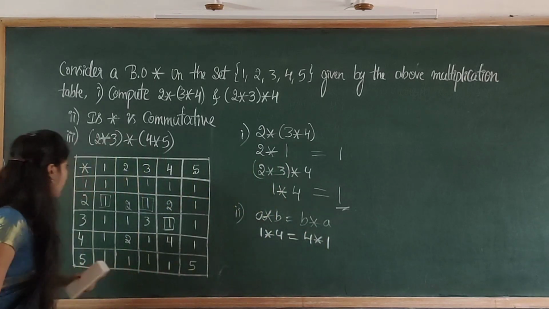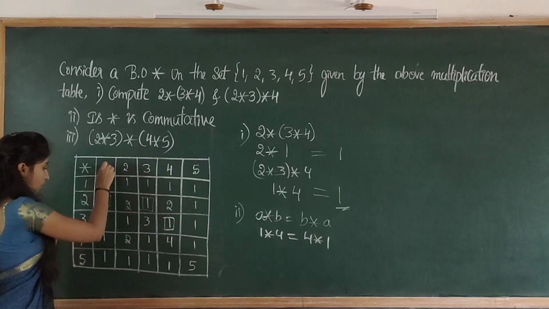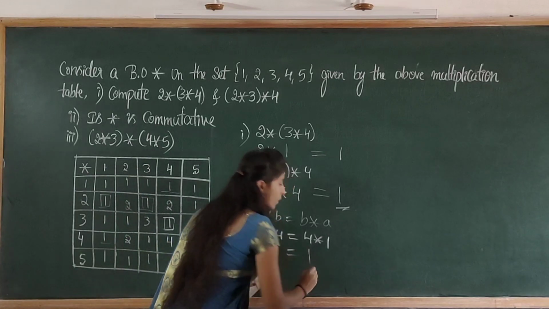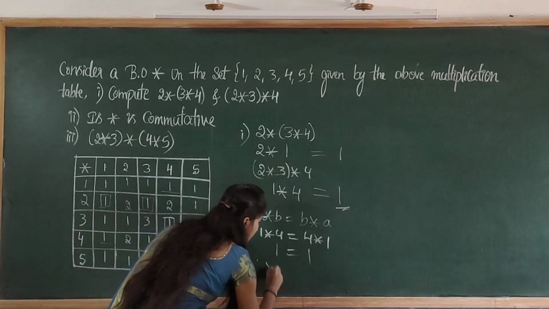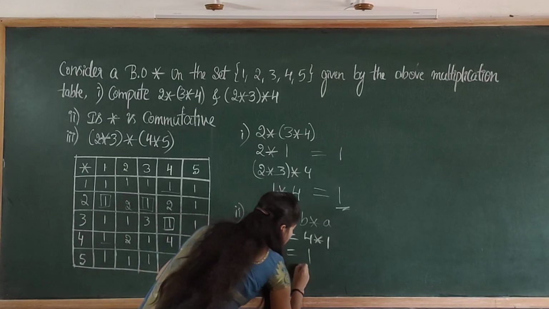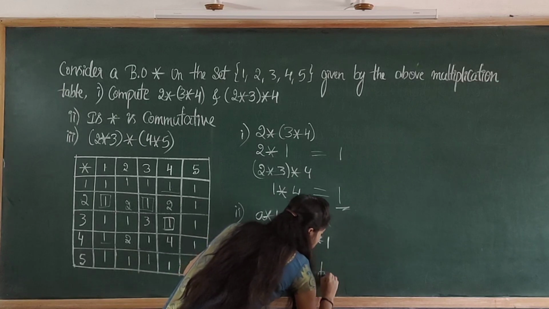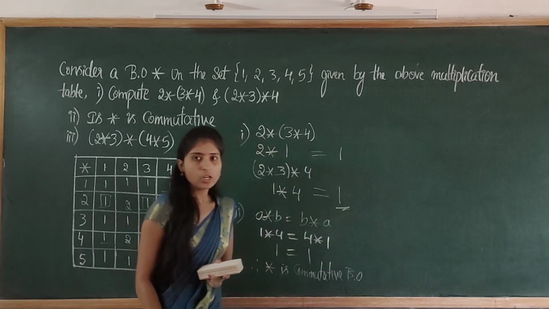Check it. 1 star 4 is equal to 1 and 4 star 1 is also 1. So 1 is equal to 1. Therefore, star is a commutative binary operation.